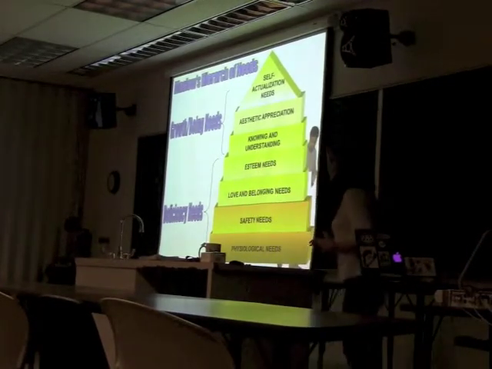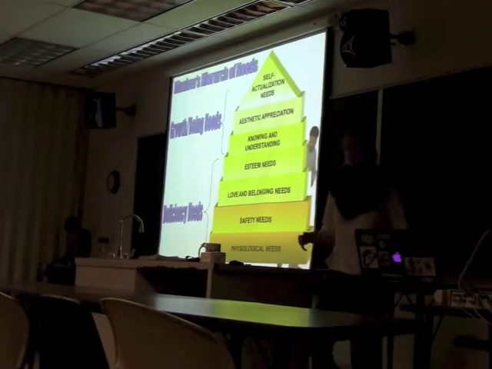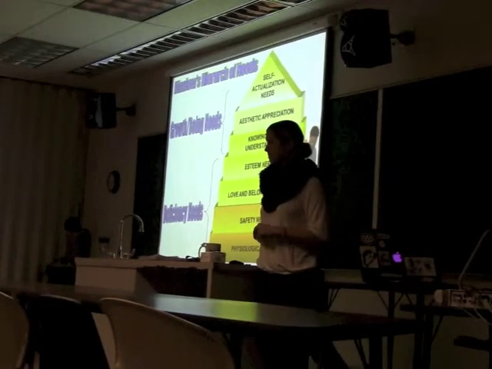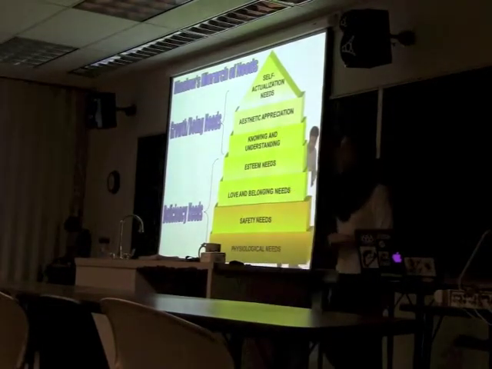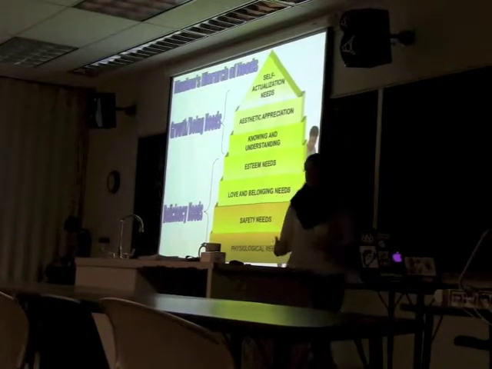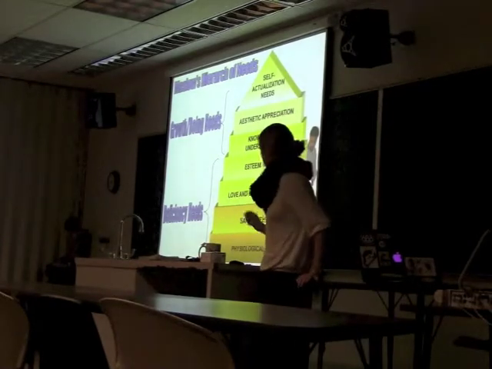When you have climbed up all of these needs and you feel competent, you feel like you're at your peak. You're being all that you can be. Right? There's been a lot of research that's challenged this. So I'm not telling you to just blindly accept this, but I think there are some good lessons that we can take into the classroom.